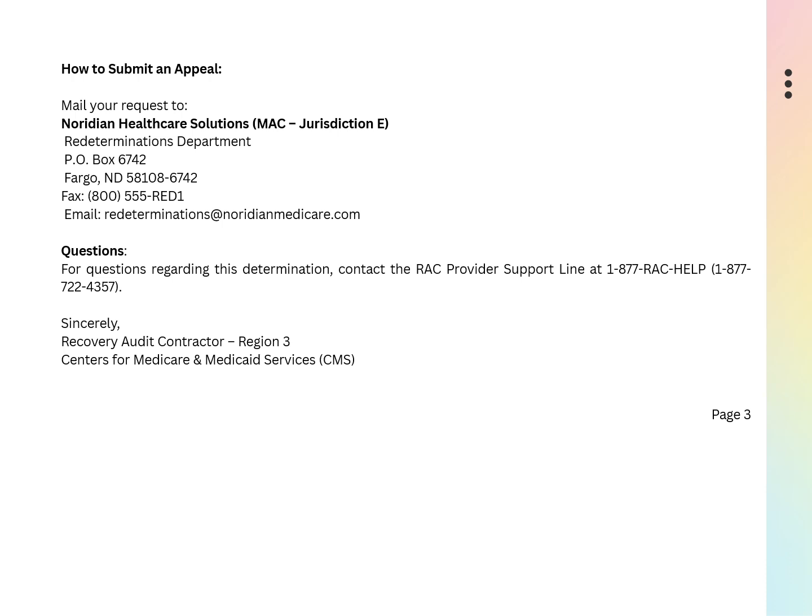Email, redeterminations@noridianmedicare.com. Questions: for questions regarding this determination, contact the RAC provider support line at 1-877-RAC-HELP, 1-877-722-4357. Sincerely, Recovery Audit Contractor, Region 3. Centers for Medicare and Medicaid Services, CMS.